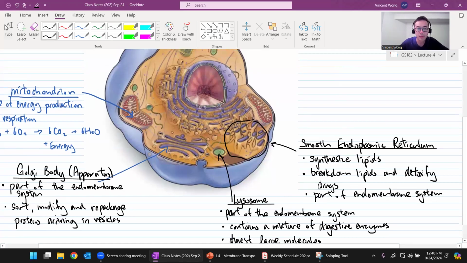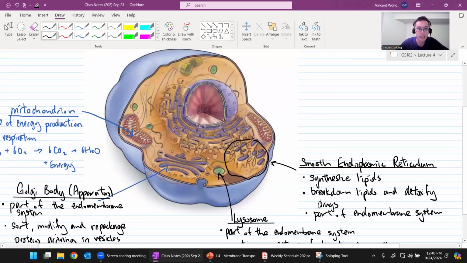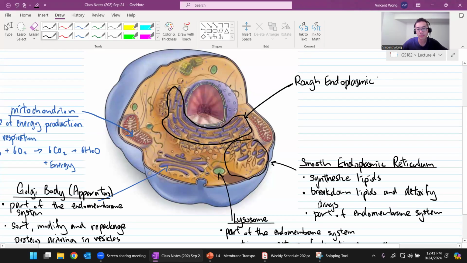Okay, moving up a little bit. We have these things here, right? I'm sure if you recognize the smooth ER, you would recognize these ones as well. These are the rough endoplasmic reticulum. Also part of the endomembrane system.